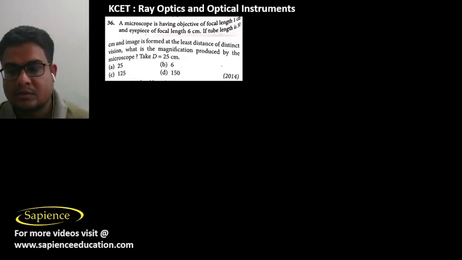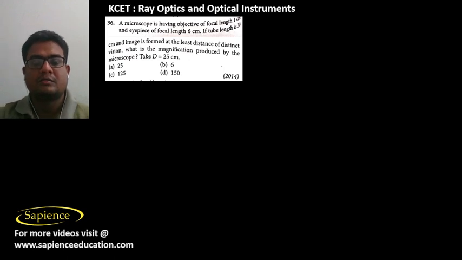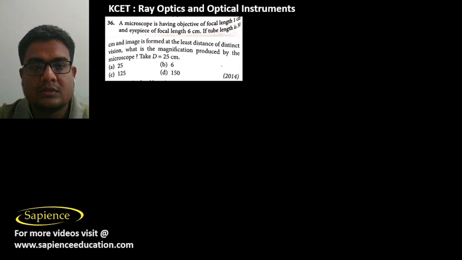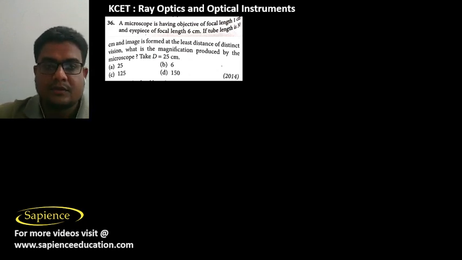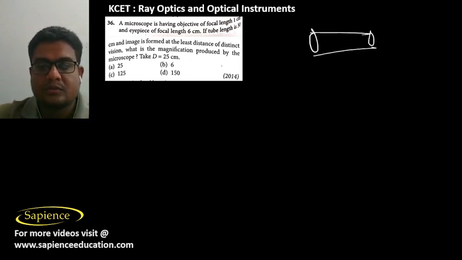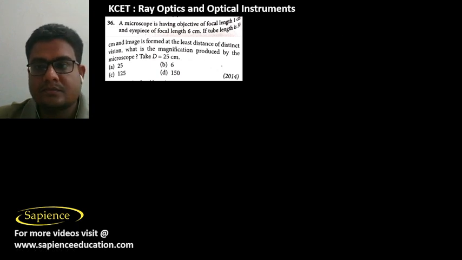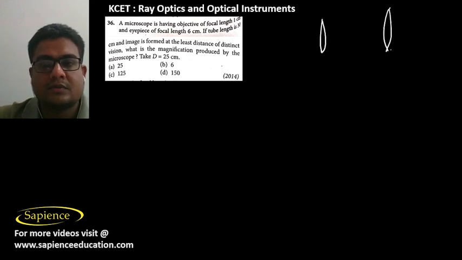Then it's told that a microscope is having an objective and an eyepiece.